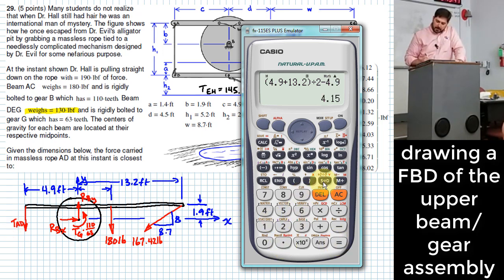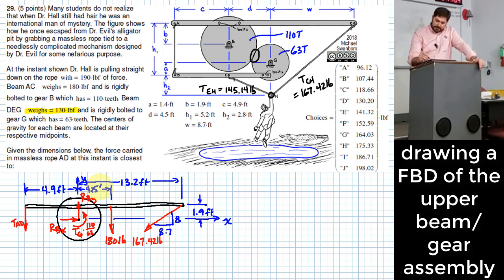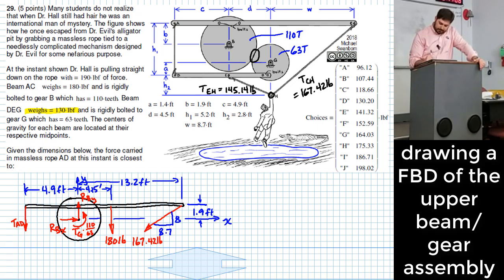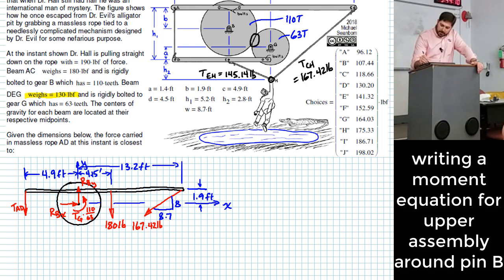There we go. 4.15. Okay, 4.15 is this distance right here, 4.15 feet. And that should be everything that we need to write an equilibrium equation for this body. Okay, I'll do that down below here.